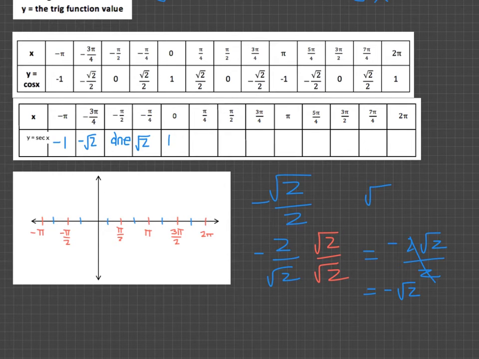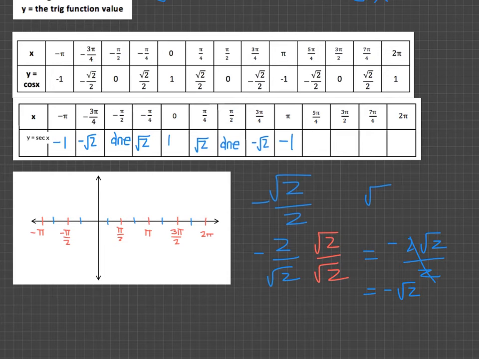For pi over 4, we take the reciprocal of square root 2 over 2. For pi over 2, our cosine value is 0, so that means our secant value is undefined. For 3 pi over 4, we want the reciprocal of negative square root 2 over 2. For pi, we take the reciprocal of negative 1, which is negative 1.